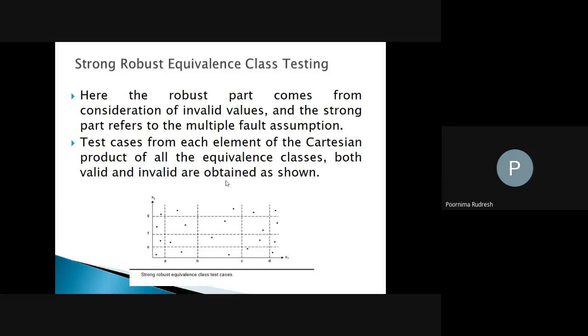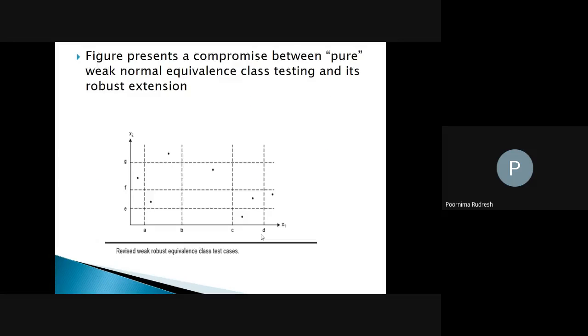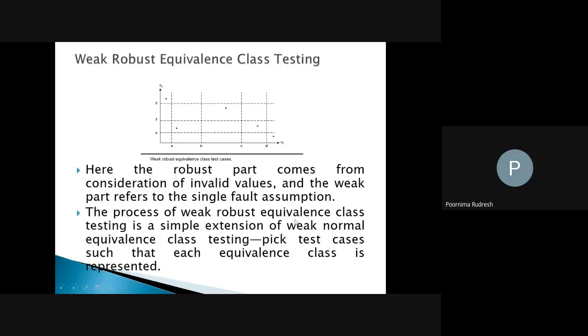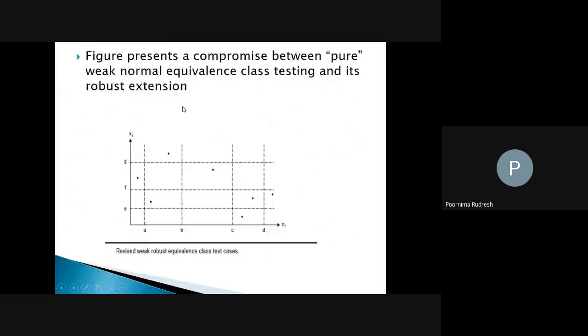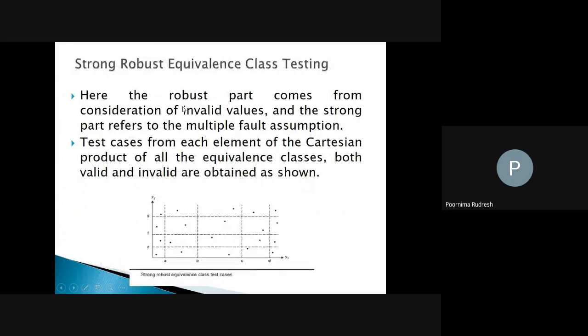For the robust part, we are considering all the invalid values. Similarly, for the strong part, we are considering the multiple fault assumptions. But in the weak robust, we consider the values with single fault assumption and with a minimum number of invalid cases. In the strong case, we consider multiple fault assumptions and also more invalid values.